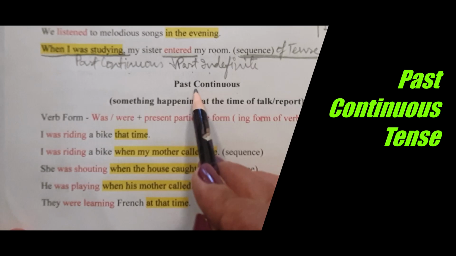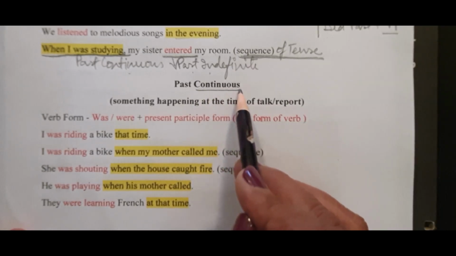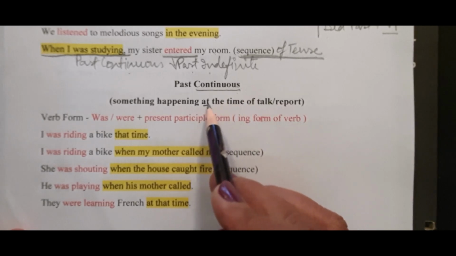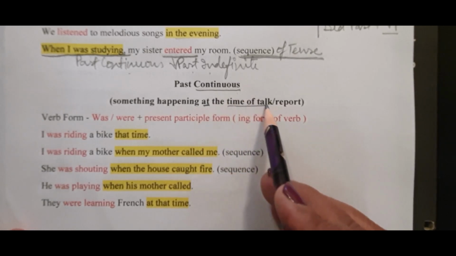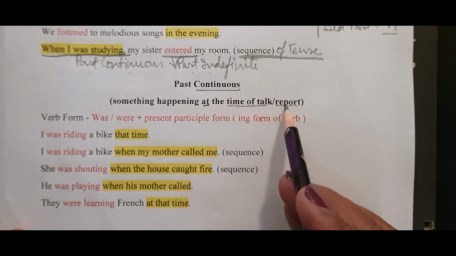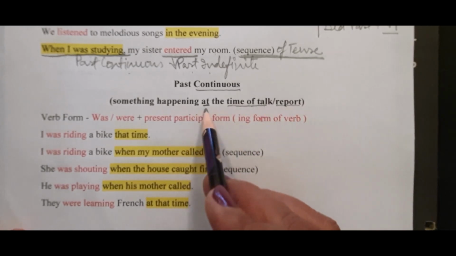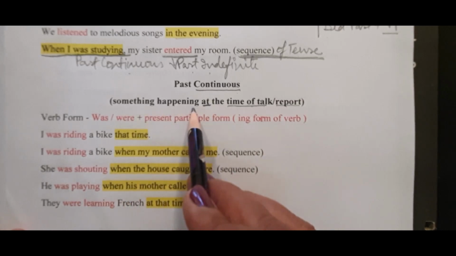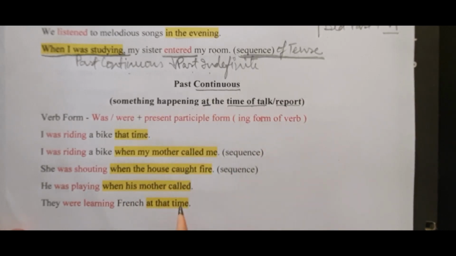As the name suggests, when the work is continuous or happening at the time of talk or report, when the thing is being talked or it is being reported, and that time when something was happening in past.